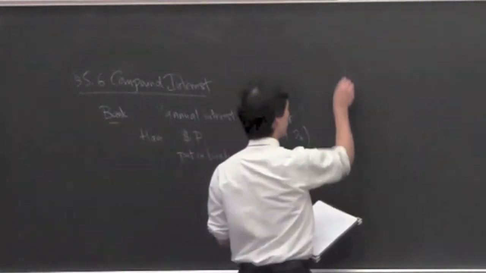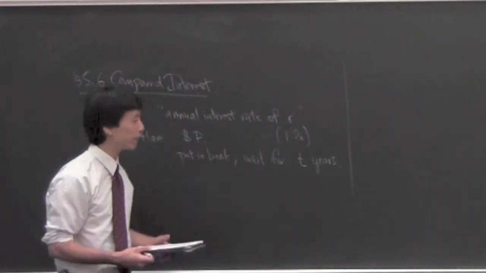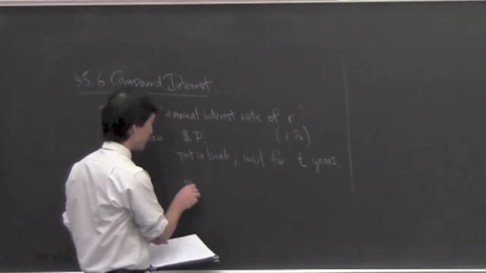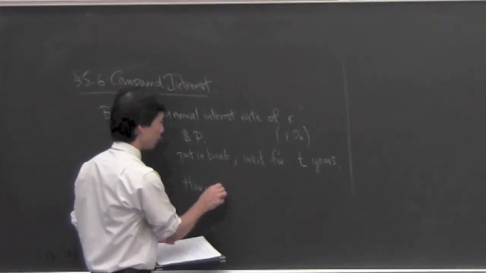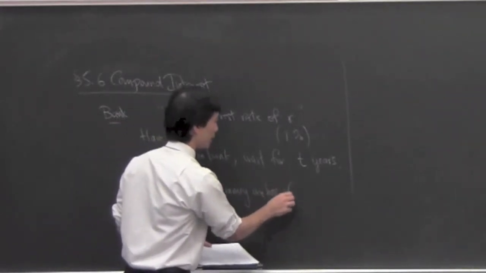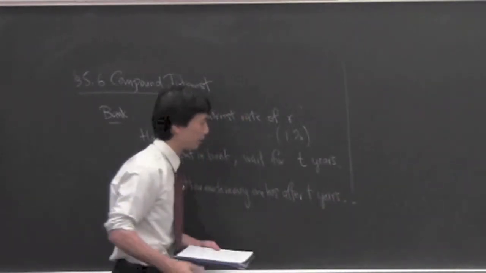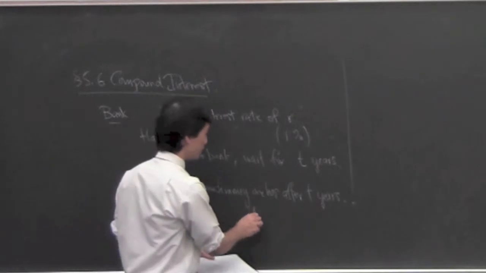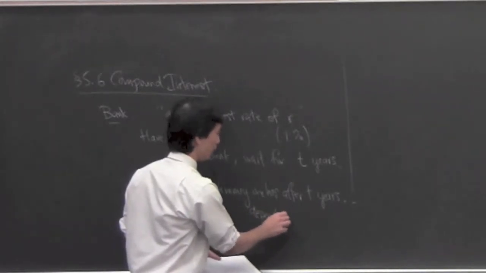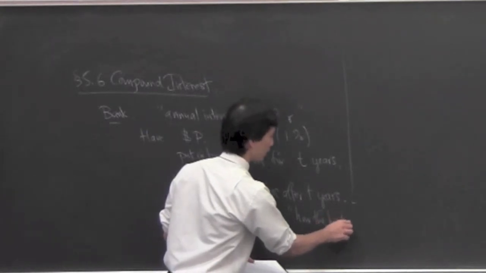There are different ways of calculating how much money one has after T years, at least theoretically, depending on how the bank compounds it.